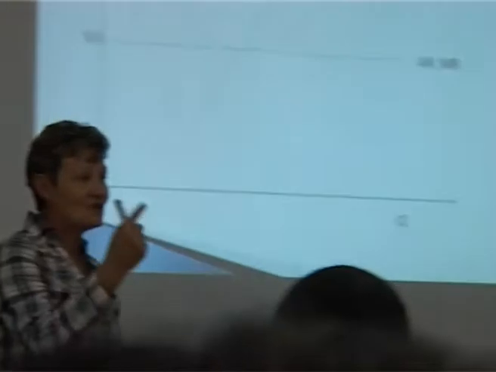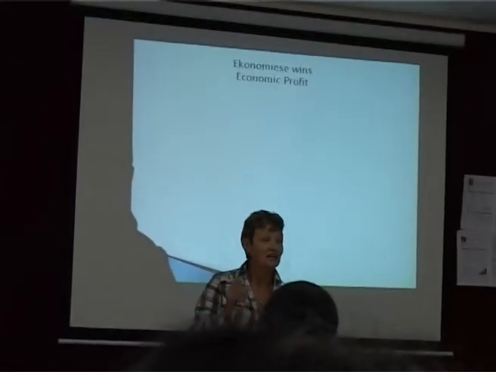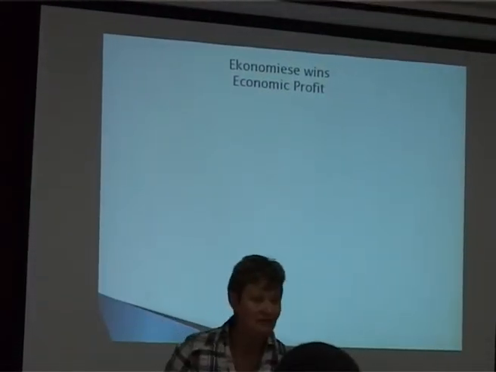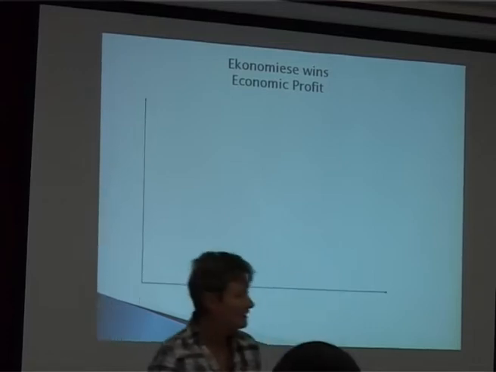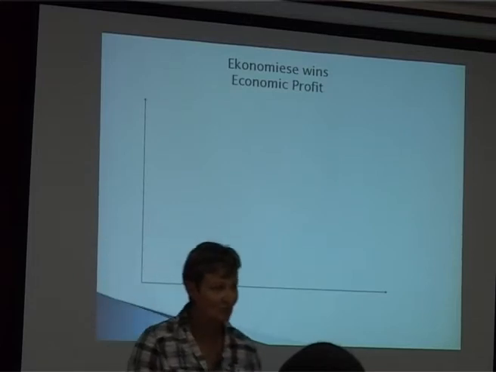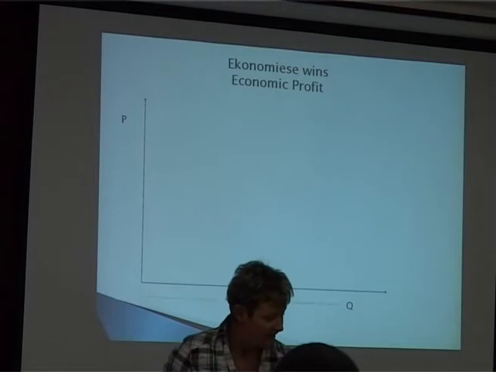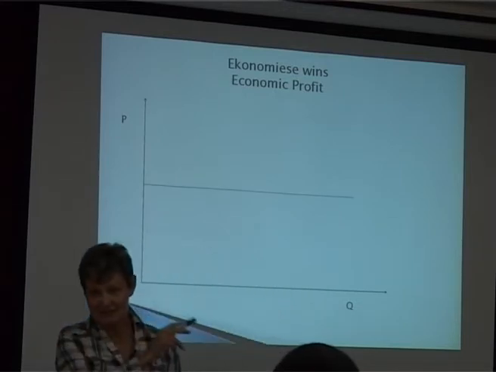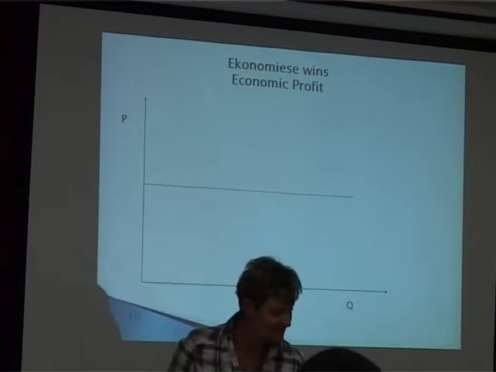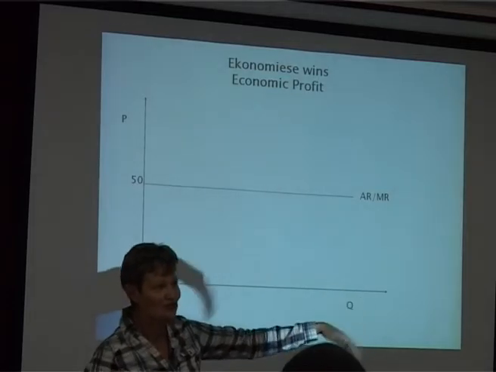So let's just quickly go again. When we look at the economic profit, I'm just going to do it here again on the computer. First, the graphs, the two axes, important, and they must put the names on the two axes. Then they need to have the line, which is coming from the taken price from the industry, and they must put the name on. The 50 is not important. They don't need to put the 50.